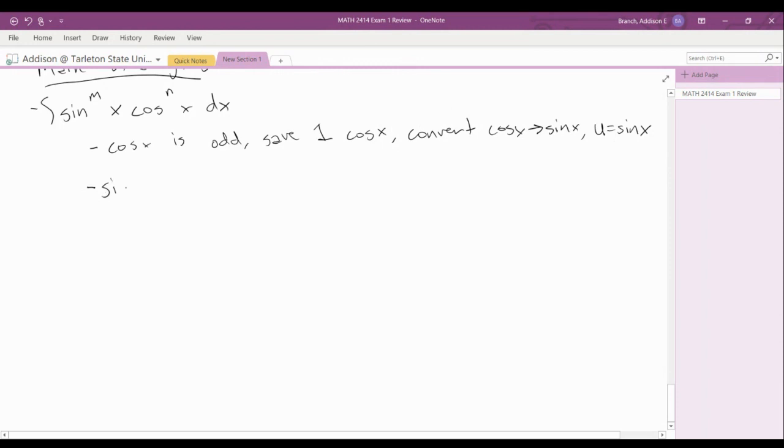Similarly, if sine is odd, you'll do the same thing. You're just going to save one sine, convert the rest of those to cosine of x, and then do a u sub for cosine of x.